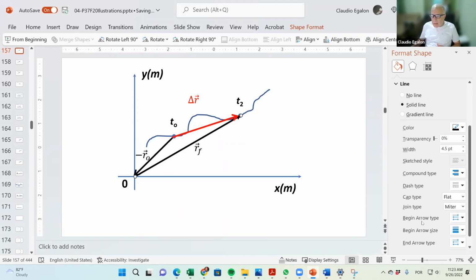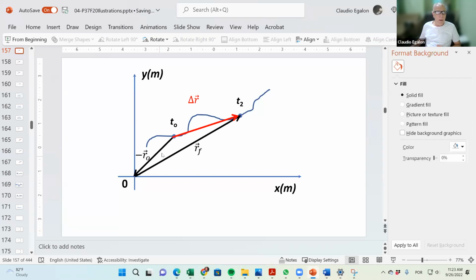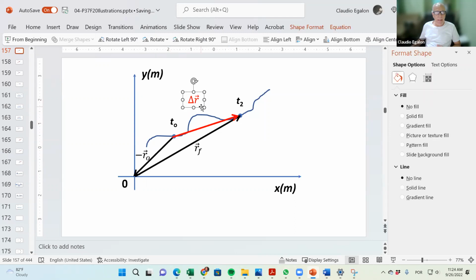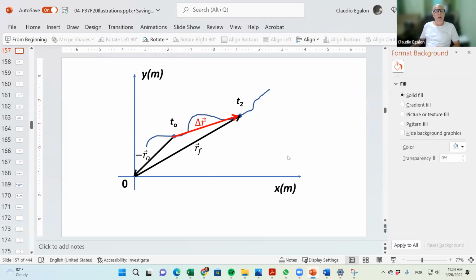And if you sum minus R naught with plus RF, you end up getting delta R. That's another way of picturing the vector delta R.